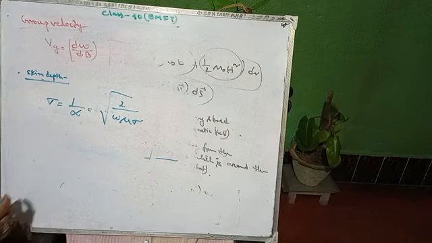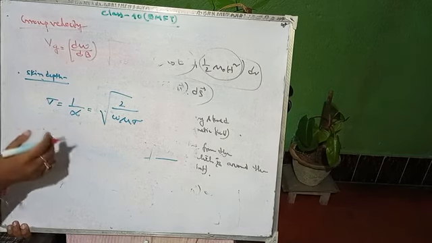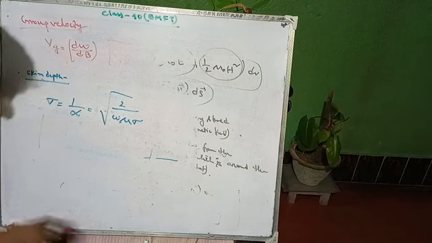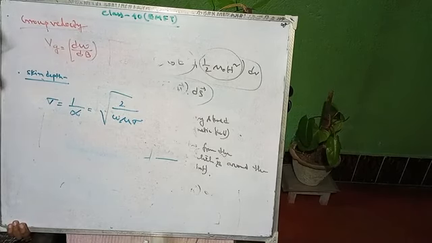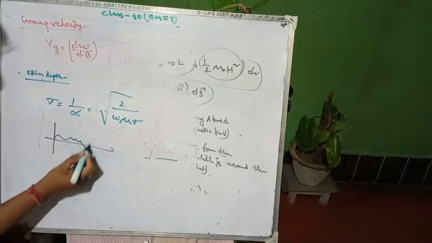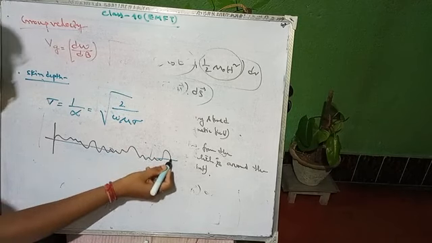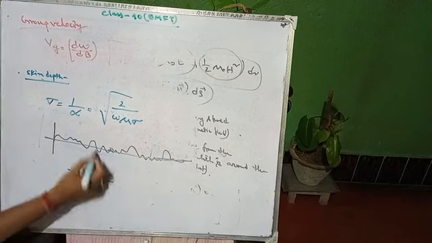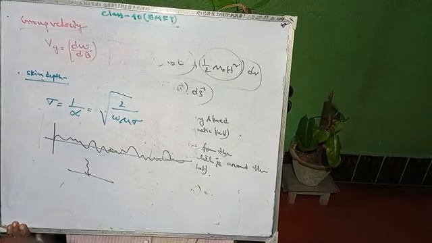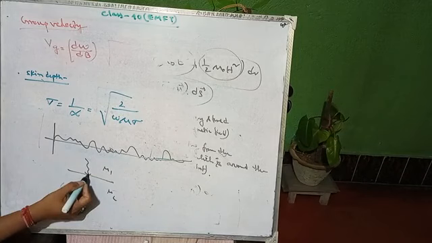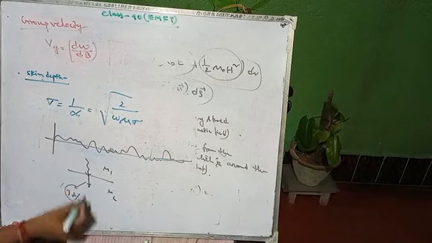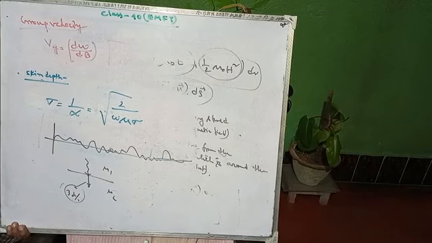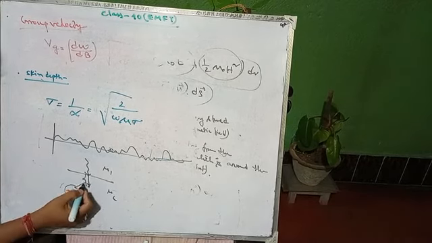So skin depth is how far the wave penetrates. Suppose we take a wave which travels through a particular medium. When this wave falls on the surface between medium 1 and medium 2, and it penetrates up to this much, and at this point its energy becomes 37% of its original value, that means it is attenuated by this amount.